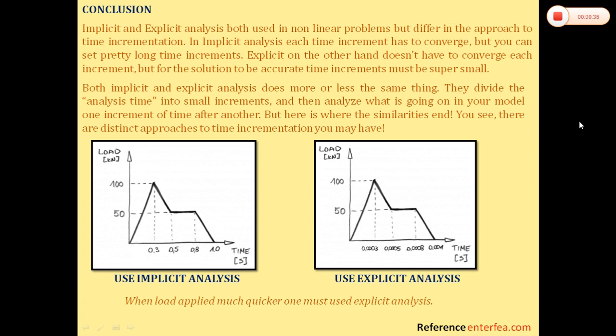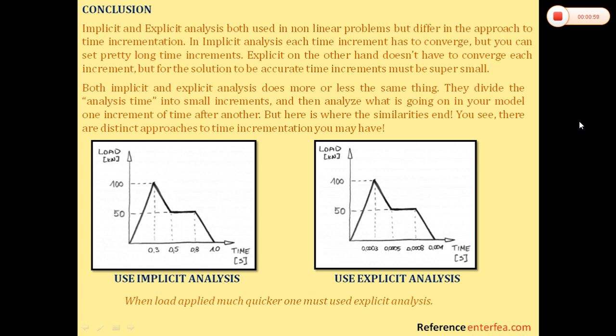And one more statement I would like to highlight: implicit is more accurate as compared to explicit. This is quite a brave statement. Apart from that, you can solve any problem using implicit. Even explicit-type problems can be solved using the implicit solver, but it is about time dependency.